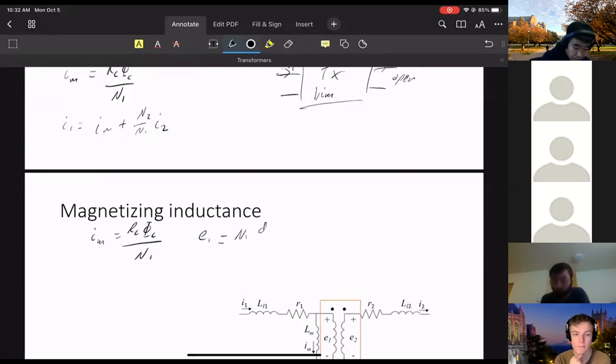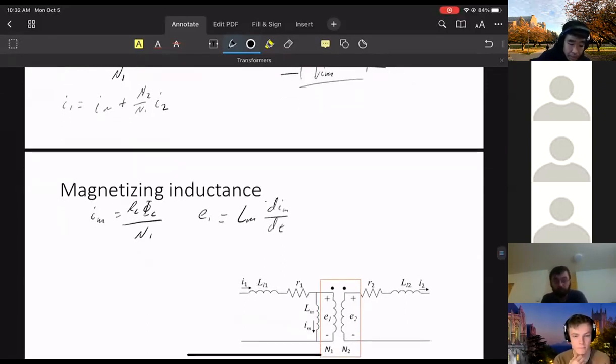This is Lm dIm/dt. I have this time varying field inside of it. The constant in front of this, Lm, becomes N1 squared over Rc. This is the constant that lives here when you take a derivative.